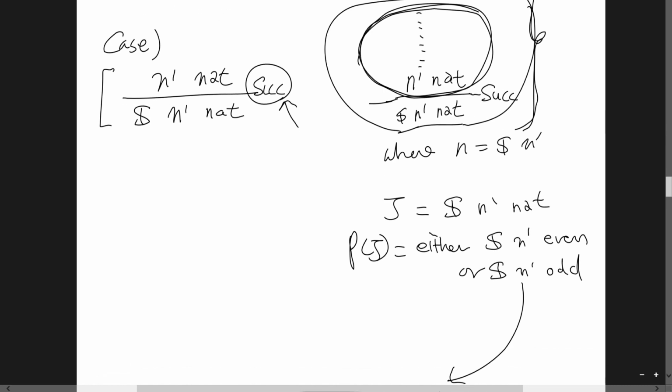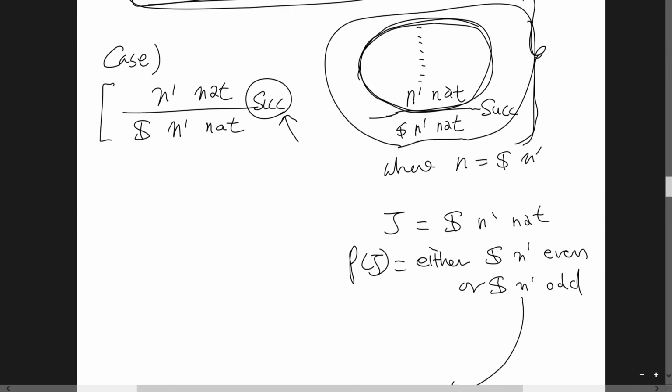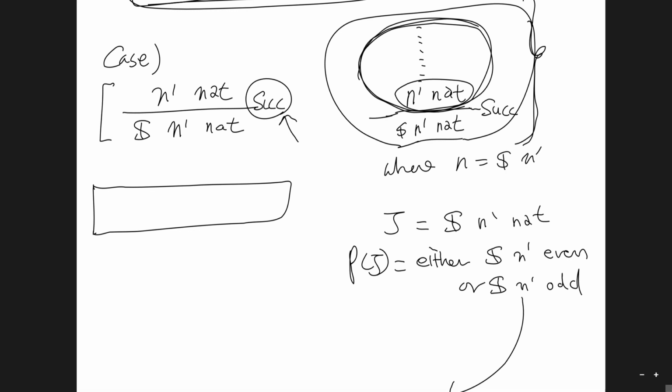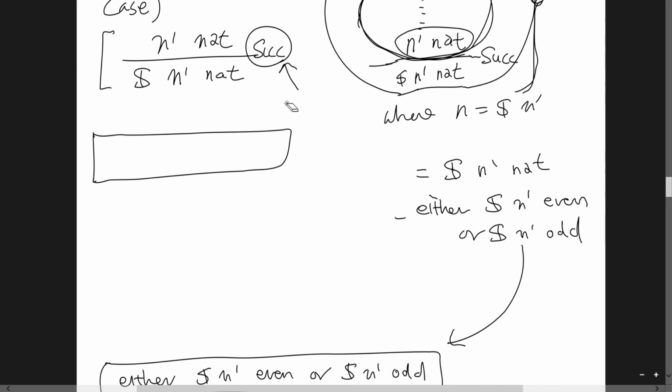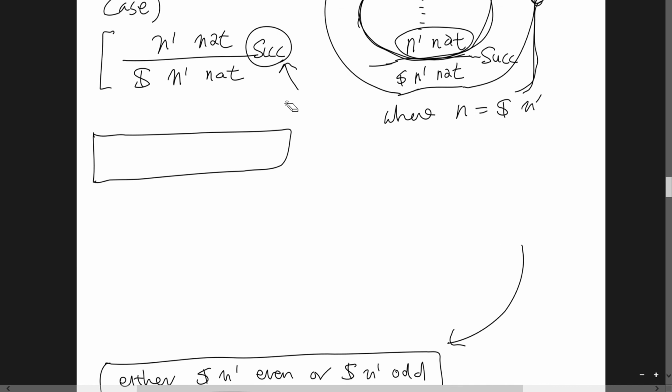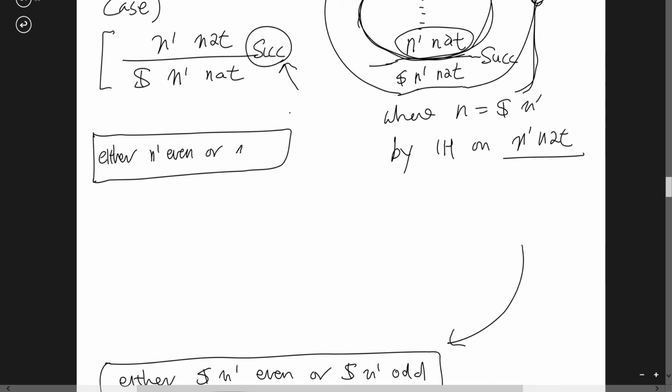So we can introduce an induction hypothesis here from this segment n prime net. Right, so let me erase this one. Right, so by induction hypothesis on the premise, which is n prime net, we can have either n prime even or n prime odd.